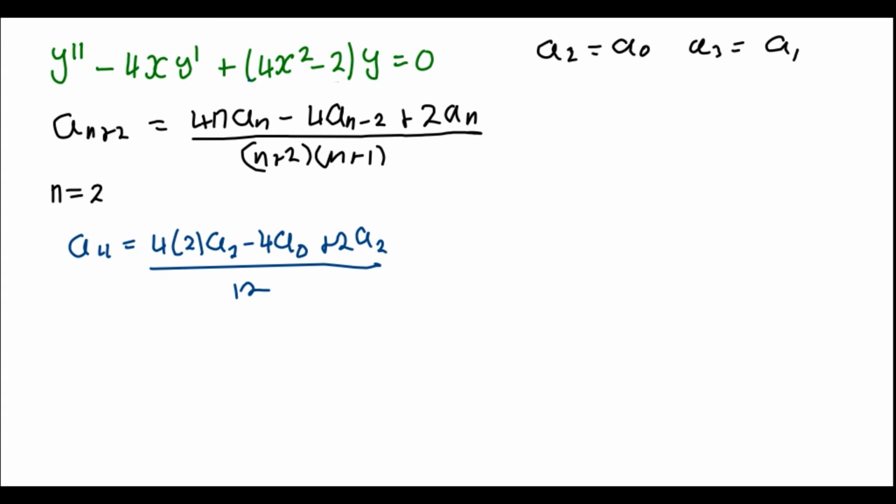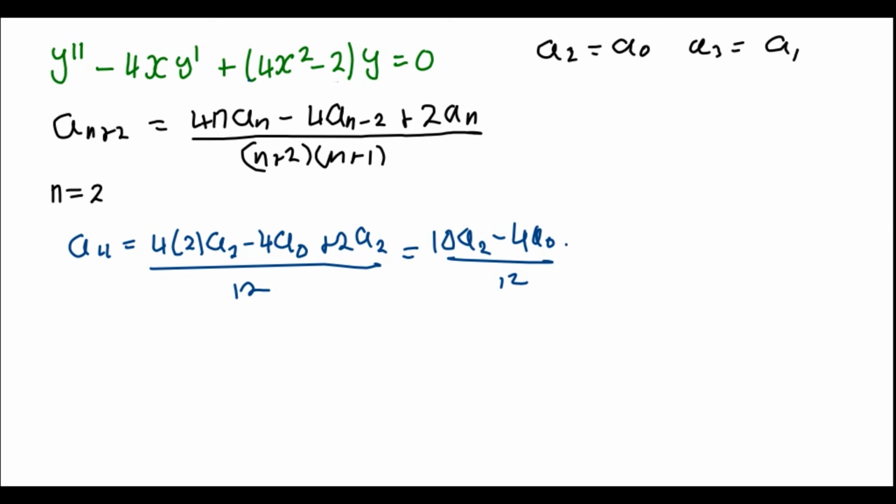So this would be 8 a sub 2. I can actually add these two since they are the same. So I have 10 a sub 2 minus 4 a sub 0, divided by 12.